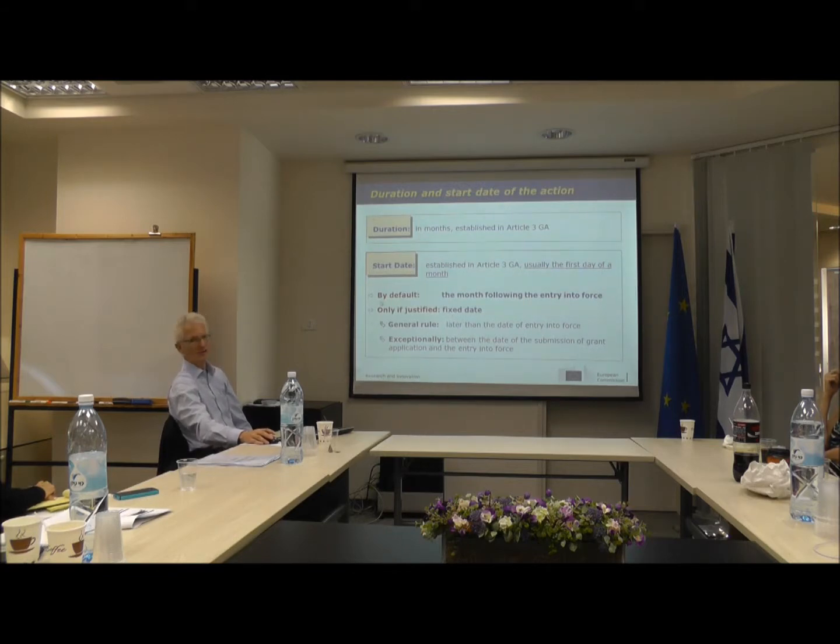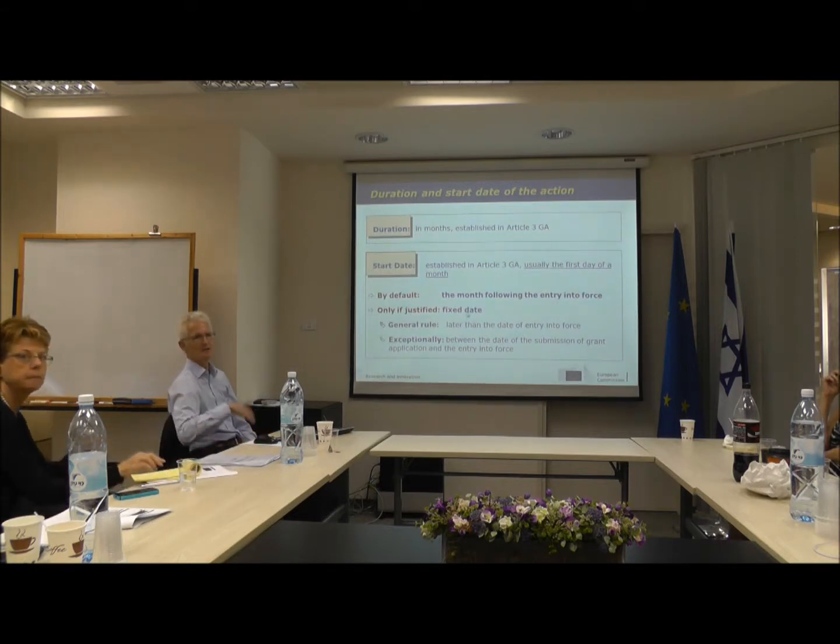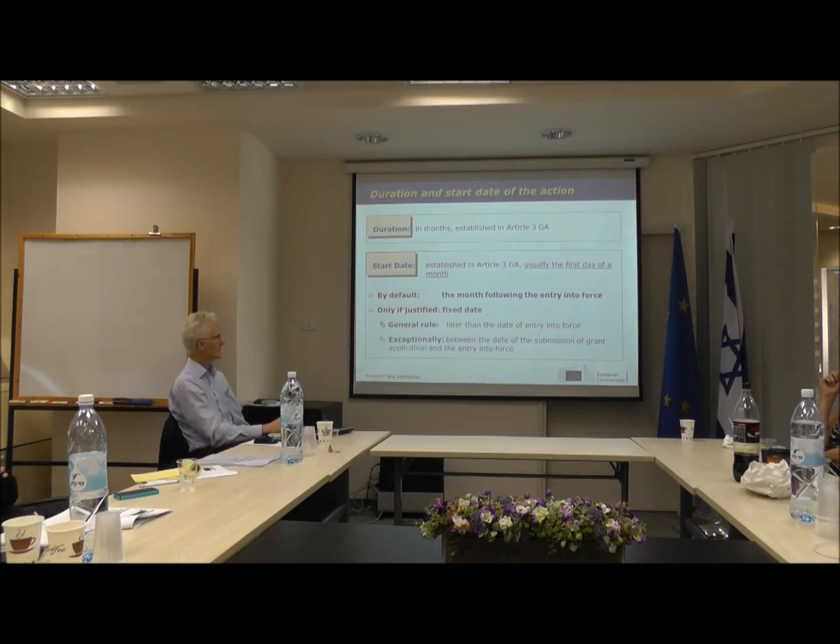The default option is the first day of the month following the entry into force, and the entry into force is once the coordinator and the Commission have signed. You also have the possibility to agree on a fixed date, which can be later or also earlier than that. But this is a matter of agreement with the project officer, and you need a justification if you want to go for this exception.